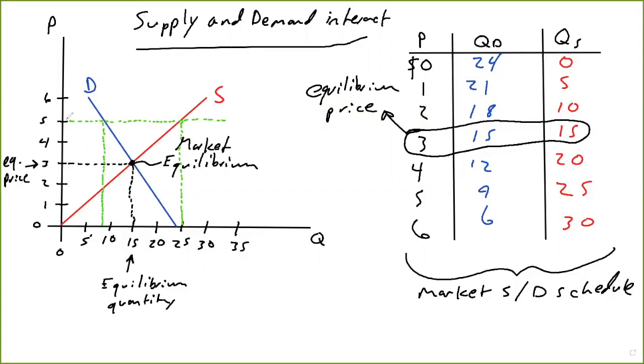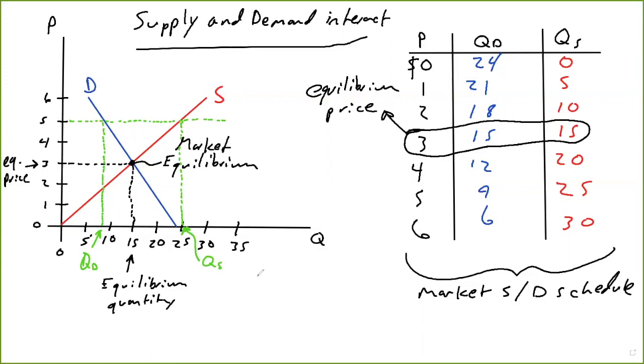In this case, the demand curve tells us that at a price of $5, the market is demanding about 7 units of the good. So we'll label this Q sub D for quantity demanded. However, the supply curve is telling us that at $5, the market is supplying 25 units.